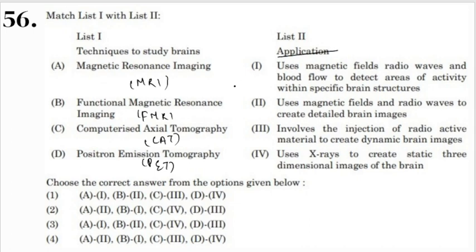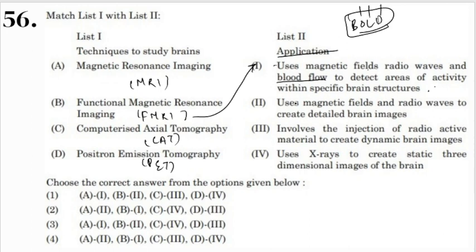So, uses magnetic fields, radio waves and blood flow to detect the areas of activity within specific brain structure. fMRIs are the ones which make use of the blood flow. BOLD signals are analyzed here. Blood oxygenation level dependent signals are measured here.